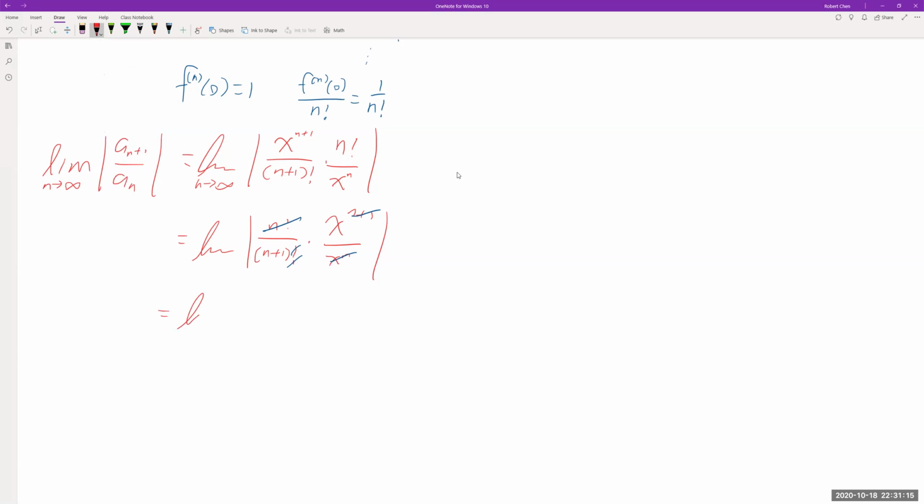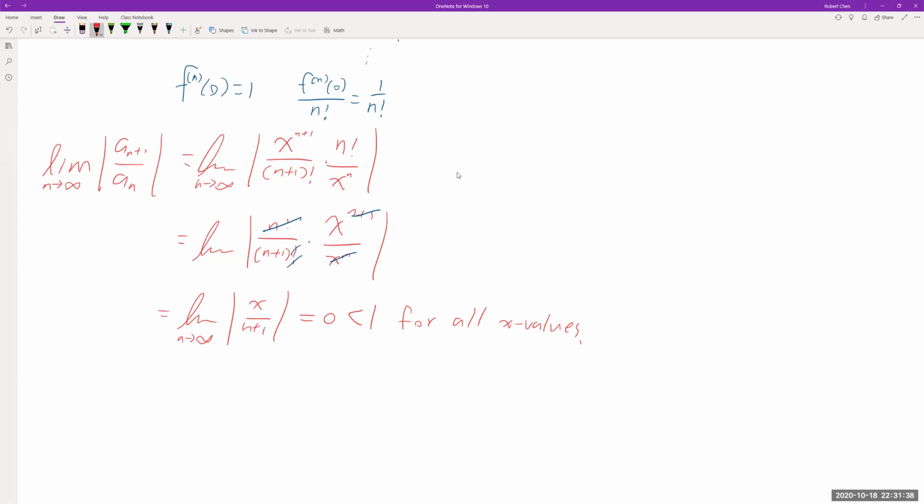That gives us x over n plus 1 as n approaches infinity. This goes to 0, which is less than 1 for all x values. It doesn't matter what our x value is; by the ratio test, this is always going to converge.